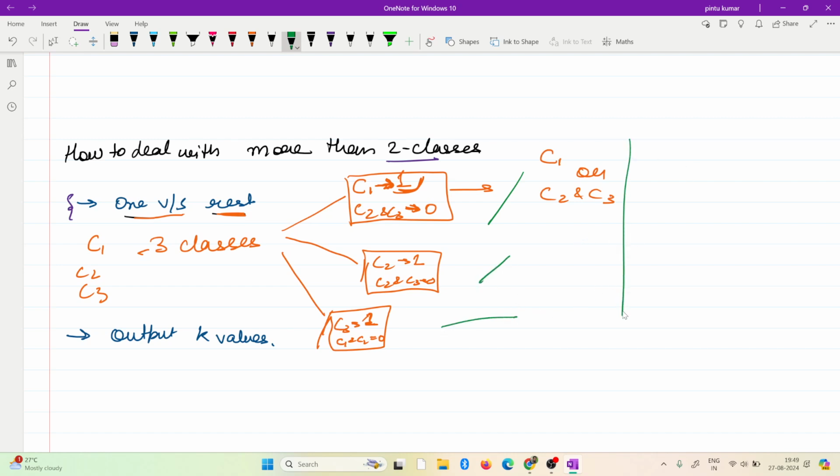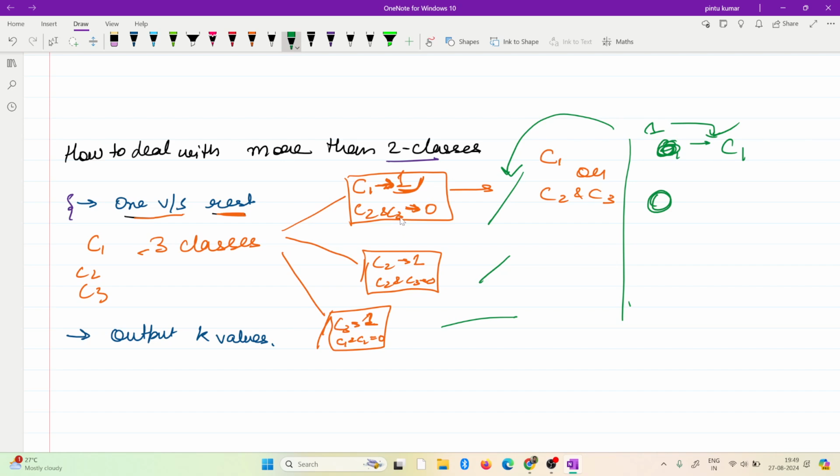Now at the time of prediction, let's say you pass your data point through the first model and it says your class is C1. Then you're done. You know that your class is C1. But let's say it says that your class is 0.